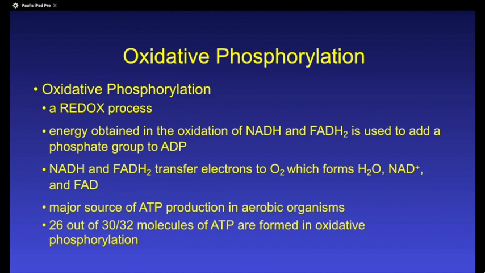When we look at the next stage of glucose degradation, what we're doing is, again, converting all the molecules into different pools of energy. The energy molecule that we have was all the carbons in glucose that could be oxidized.